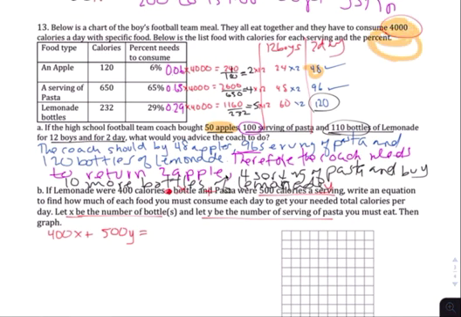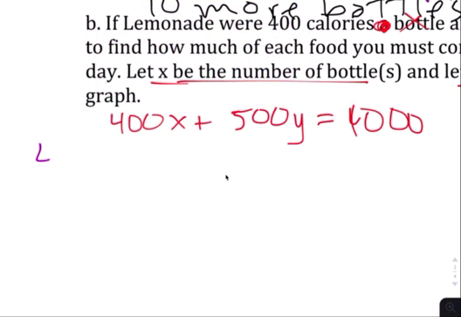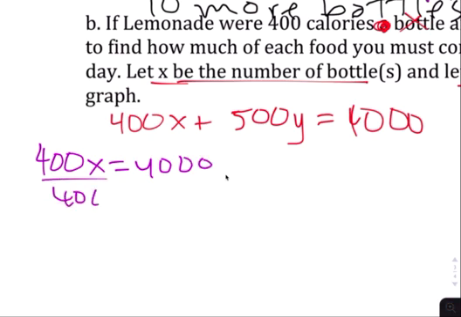You see? Up there, 4,000. These X and Y intercepts. X-intercept, 400X equals 4,000, divide by 400.